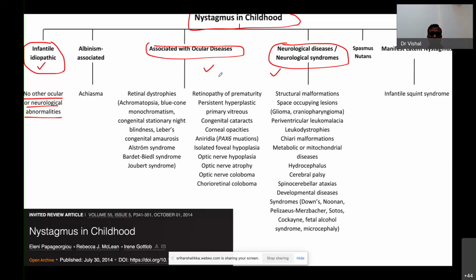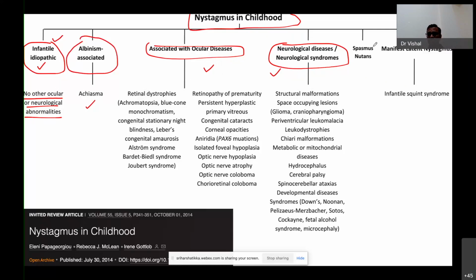But in adulthood, if a normal patient has no other ocular and neurologic abnormalities, patients can present with the congenital variety of nystagmus. It's very important to check whether they have albinism, because there are certain syndromes associated with that. Ocular diseases, neurological diseases.